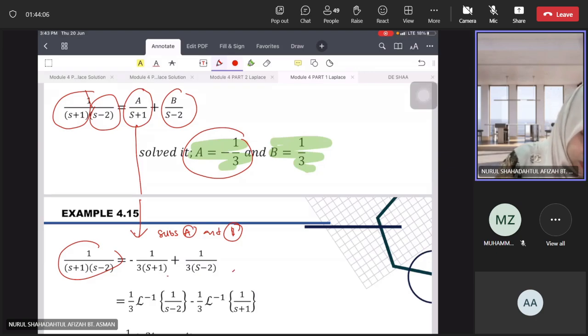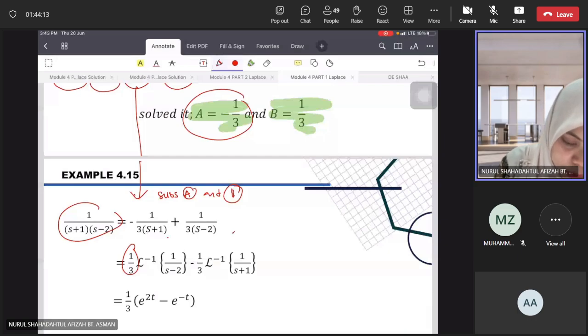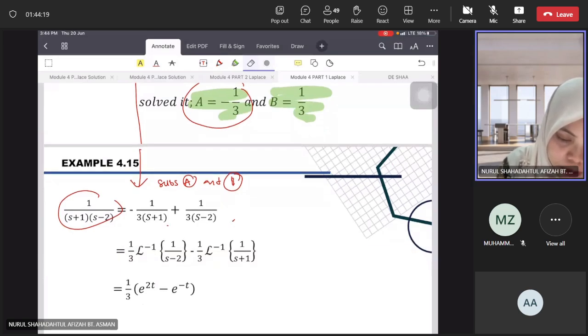And so you just take out the 1 over 3 outside and find the inverse Laplace of 1 over s minus 2 and then s plus 1.